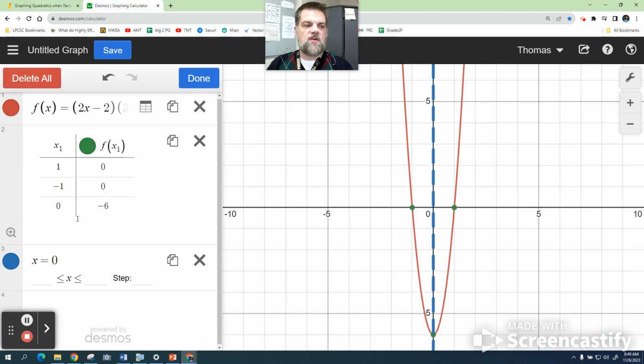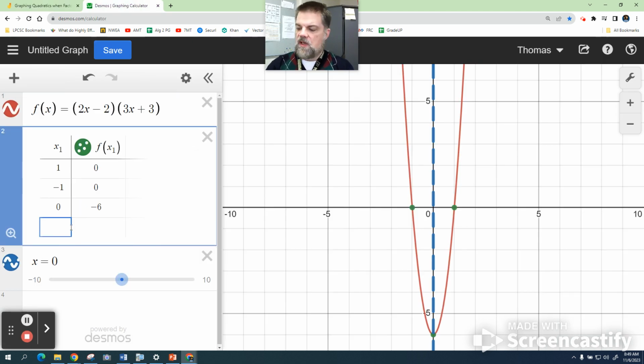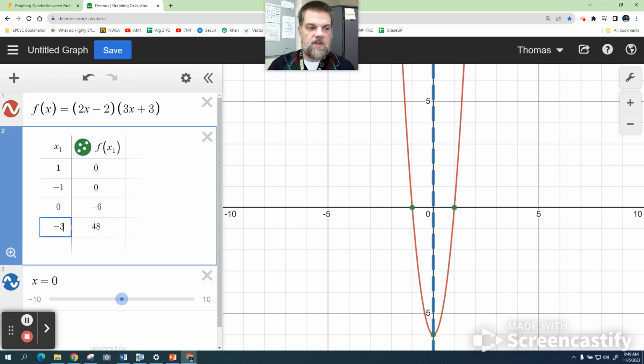So let's go over here. -3. Oh, that's pretty big. That's 48. That won't fit on our little paper graph. So what else should we try? Let's try -2 and see what that does. Ooh, that's still pretty big, right?